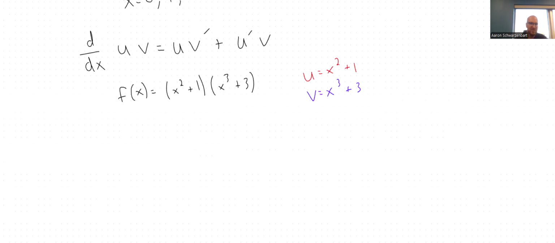So f prime of x, that just means the derivative, is going to be u. I just take u as it is. V prime. So I take the derivative of x cubed plus 3, and that is 3x squared.